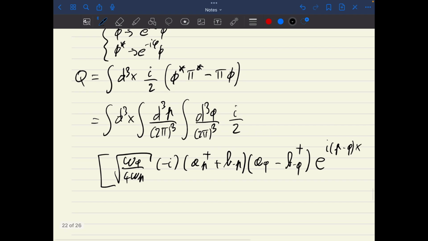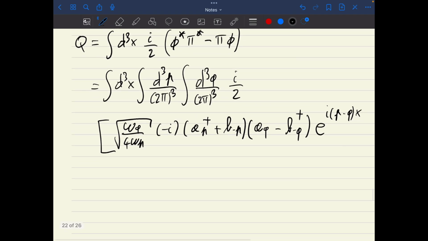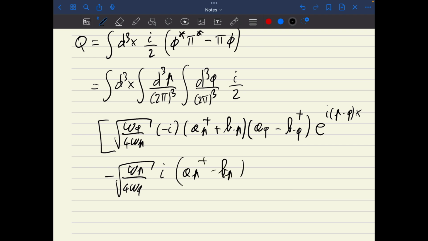And the second term, which is pi phi, is minus omega P over omega Q. There's a factor i, and A P dagger minus B minus P, there's a minus here, A Q plus B minus Q dagger, exponential i P minus Q of x.